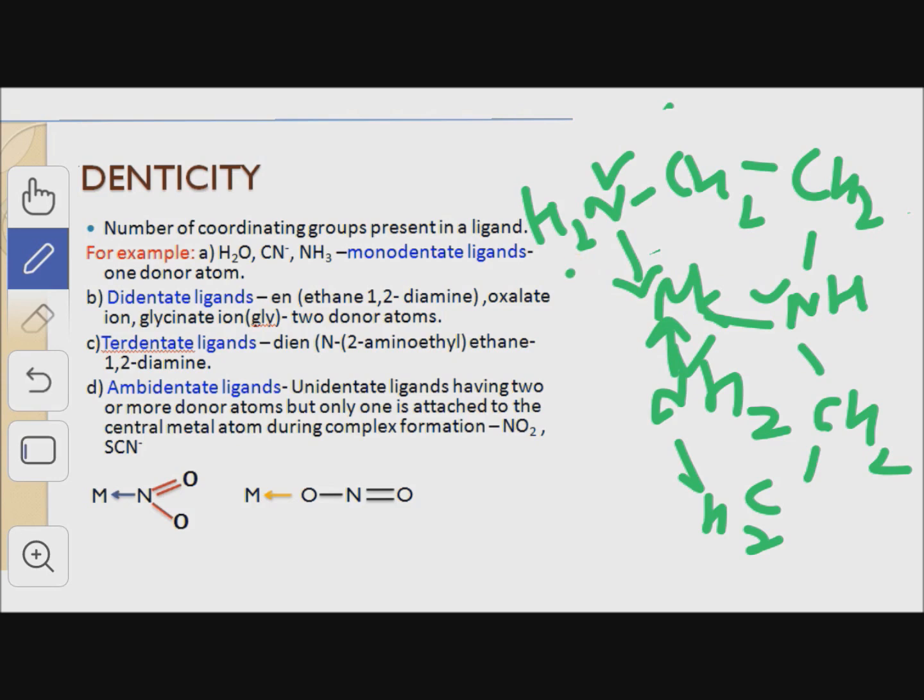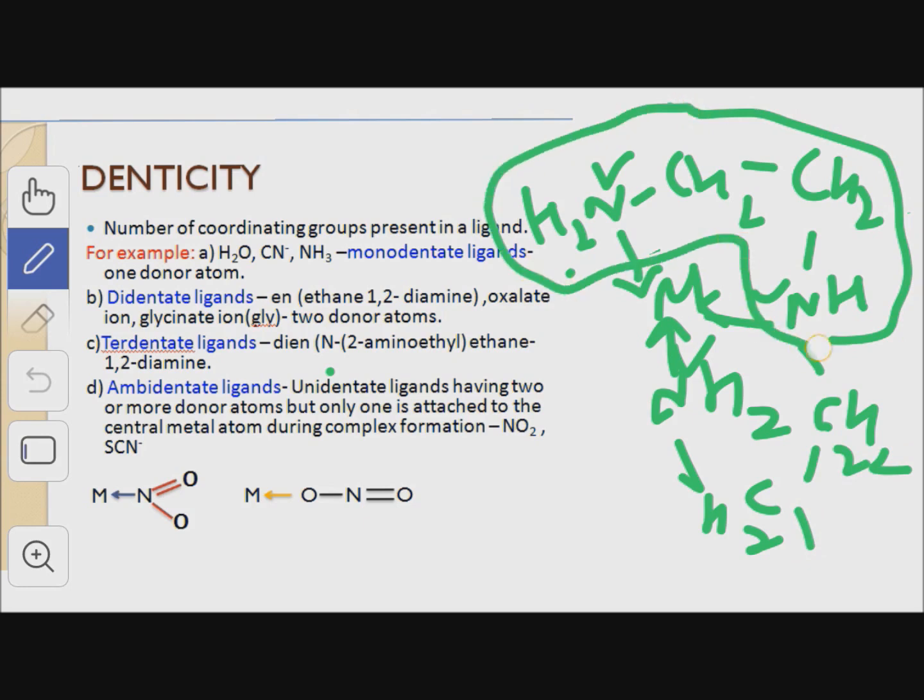N2, N represents the nitrogen through which the coordinate bond is formed, and here it is the 2-amino group. This is the first carbon, this is the second carbon, and this group is the 2-aminoethyl group, and this is the ethane 1,2-diamine.